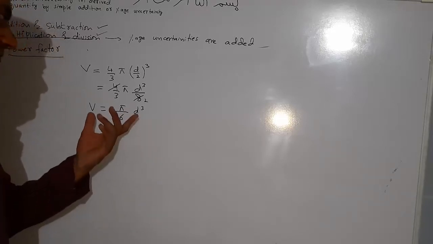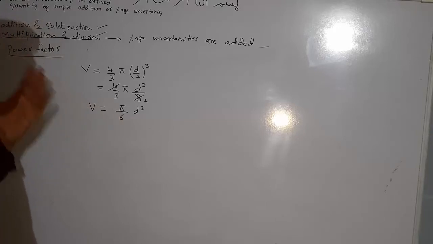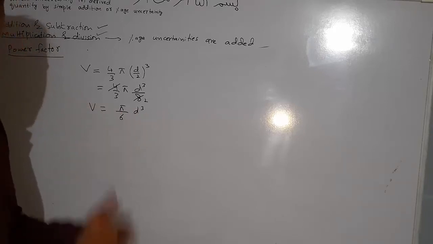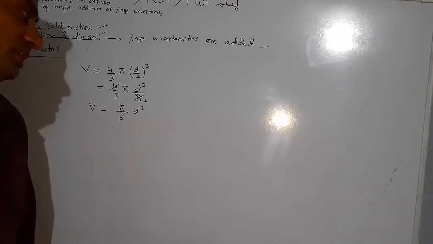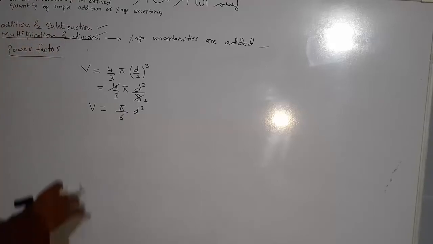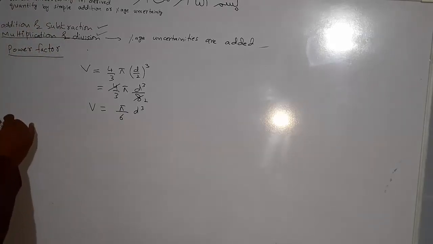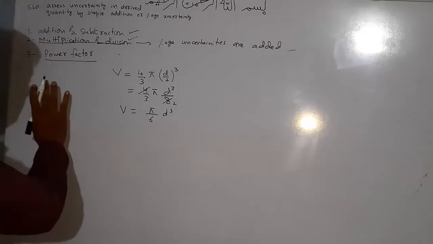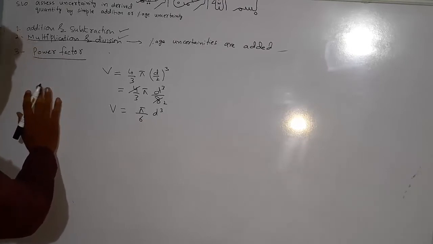Now the question arises, if we have the power factor involved, how do we deal with that situation? Now the volume we have to measure is pi over 6 d cube. First we are going to tell you the rule.